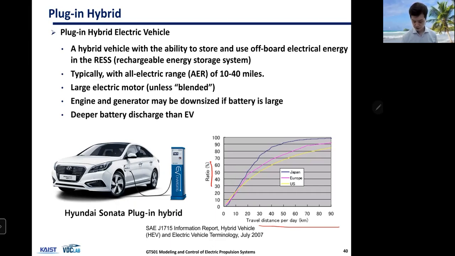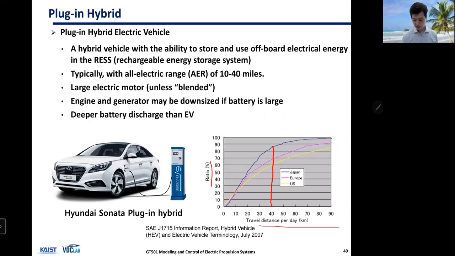So in the case of Japan, if you pick, I don't know, 40 kilometers, then almost 87% of people are traveling less than 40 kilometers per day.